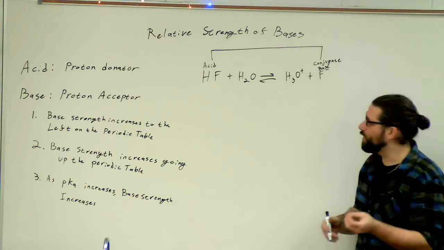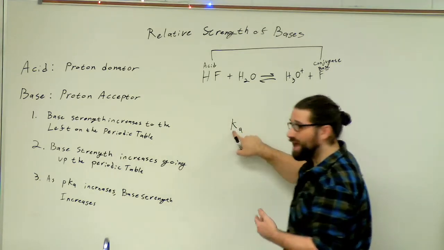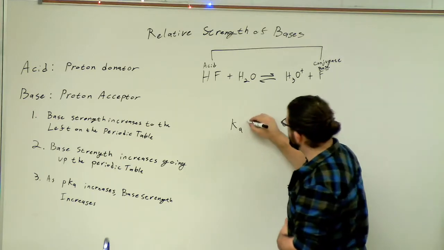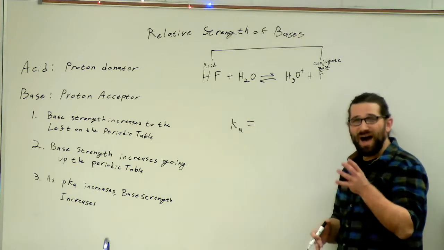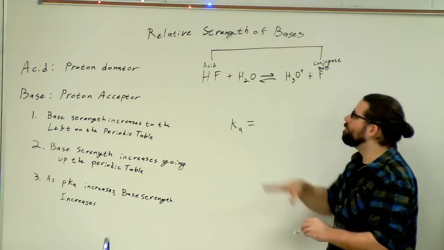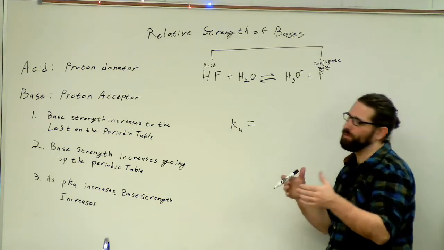Now we're able to find that ratio using this equation. We call this K. K is an equilibrium constant, and Ka, for acids, is going to be equal to the concentration of my products multiplied together divided by my reactants. Now, we aren't going to need to do this math. We just need to understand where it's coming from.